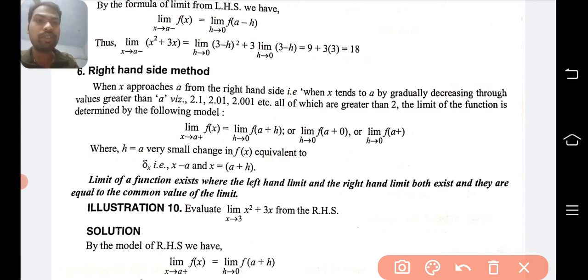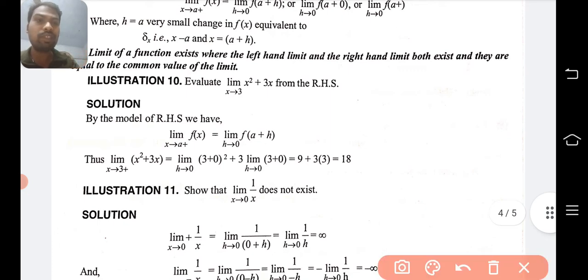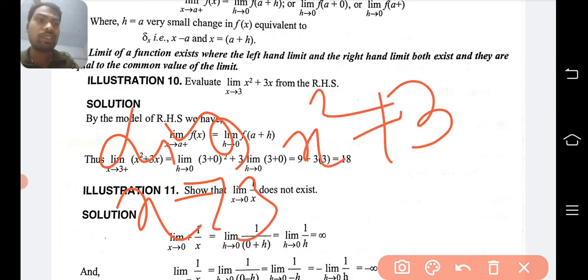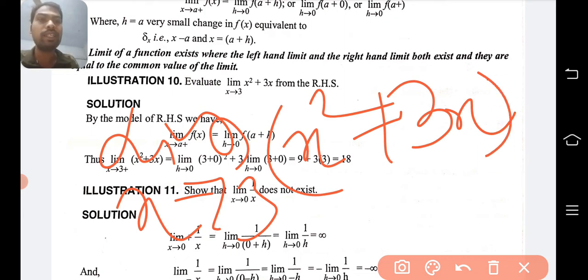So let's take an example of how we are going to get the right hand side limit. For example, the term is given: limit x tends to 3 of x square plus 3x. For this function we are going to derive the right hand side limit.